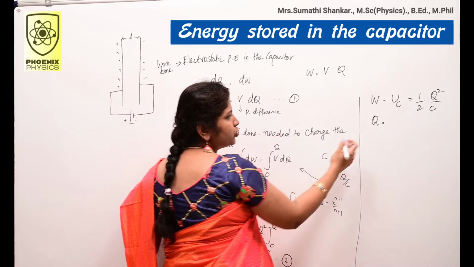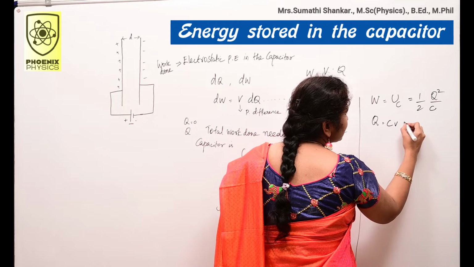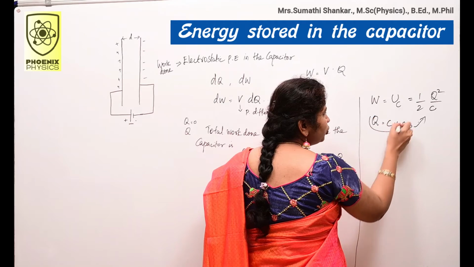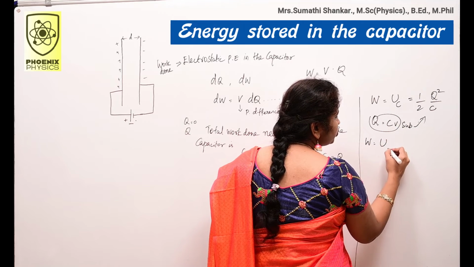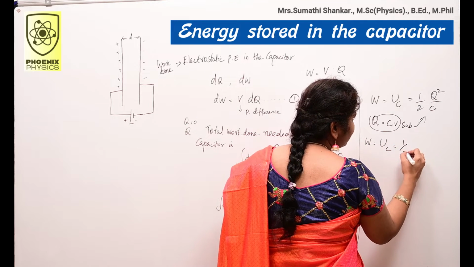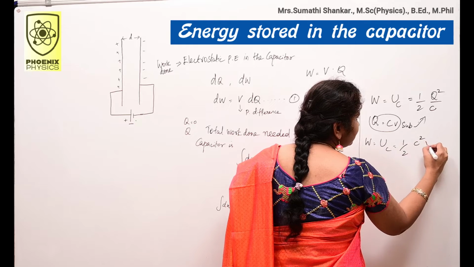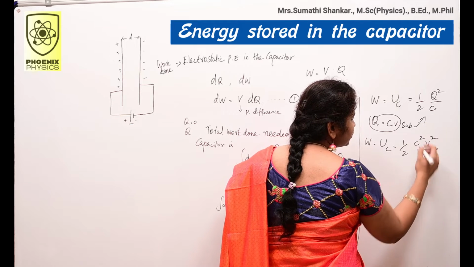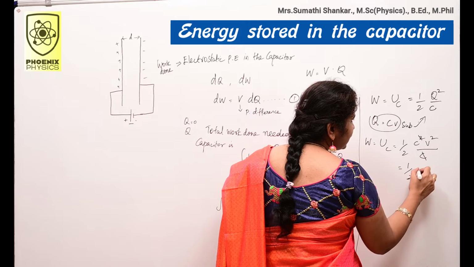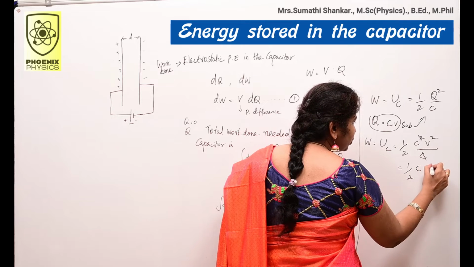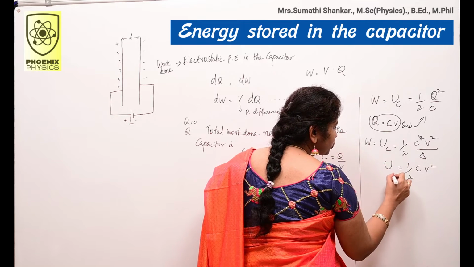Q is equal to CV. Substitute this value in the above equation. So W is equal to UC is equal to half C square V square divided by C. Cancel this. Finally you can get half C V square equal to UC.